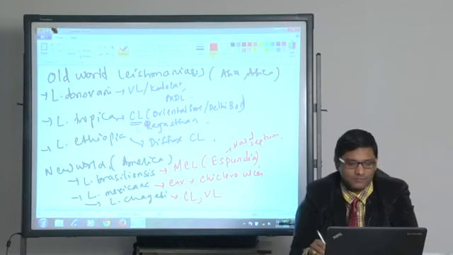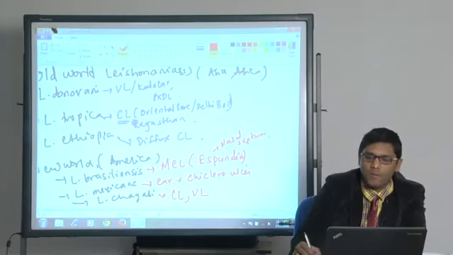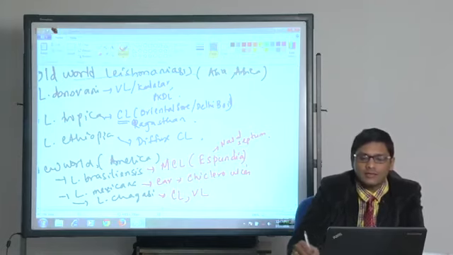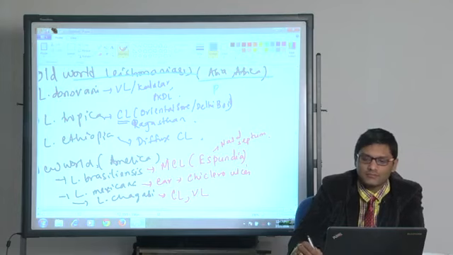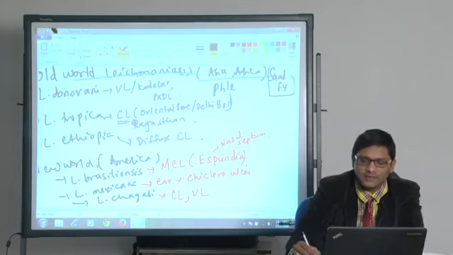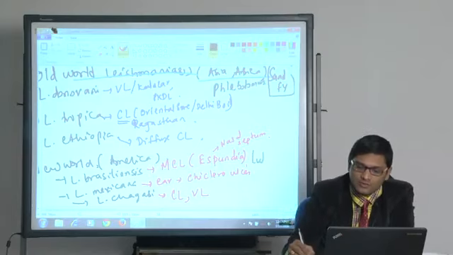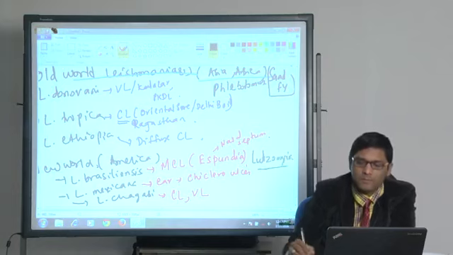Then vector. Regarding vector, in old world leishmaniasis the vector is Phlebotomus, and in the new world it is sandfly of the genus Lutzomyia.